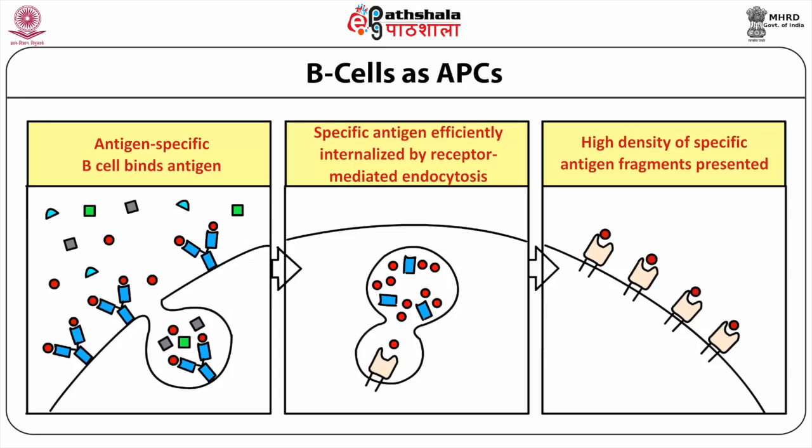This activates naive CD4 T cells, which in turn drive the B cell differentiation and response further. This T cell interaction requires the presence of co-stimulators on B cells. Just like dendritic cells and macrophages, B cells are induced to express co-stimulatory molecules like B7.1 and B7.2.